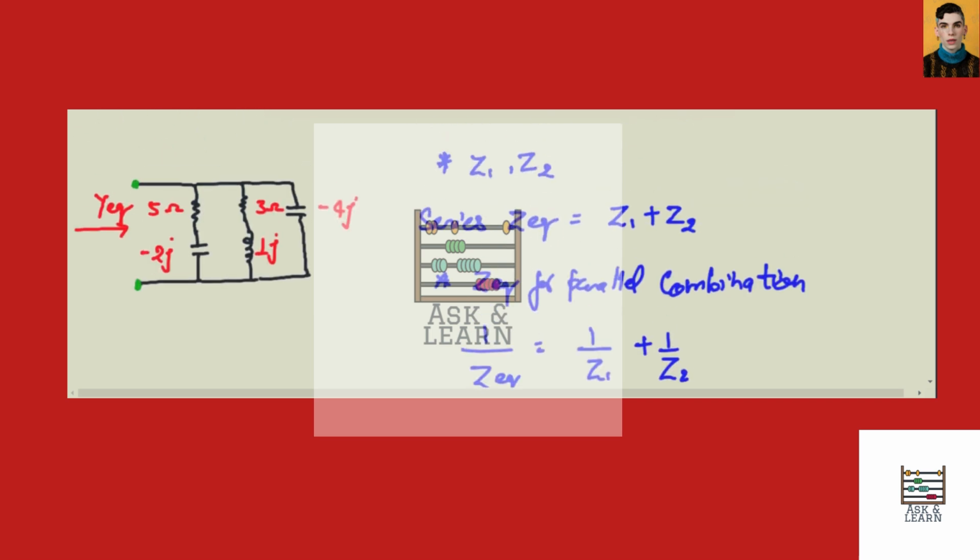So as you can see, these two and these two are in series. As we have to find the Z equivalent, let's suppose we are only interested in the Z equivalent of these two, and similarly these two. We will simply get their Z equivalent by adding both of them according to this point. Let me redraw the circuit.